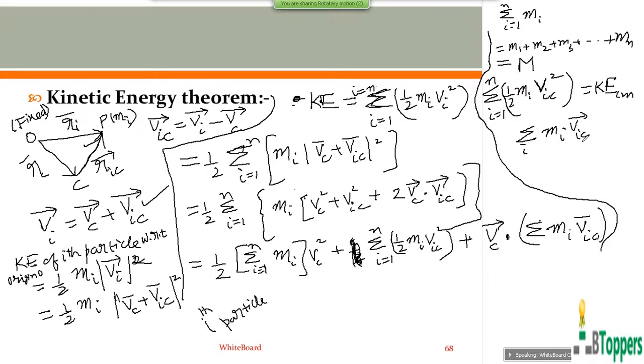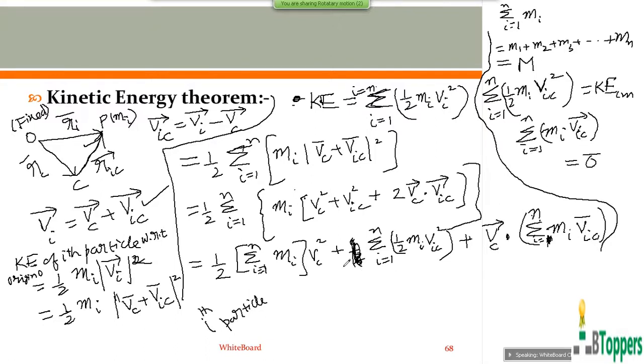So mi V bar subscript iC gives you the linear momentum vector of the ith particle with respect to the center of mass of the system. So sigma mi V bar subscript iC, where i is varied from 1 to n, gives you the vector sum of the linear momenta of all the particles of the system with respect to the center of mass as origin. That will always be equal to 0 bar.